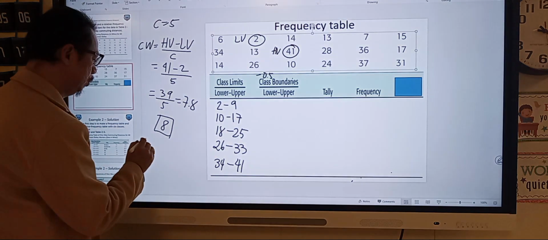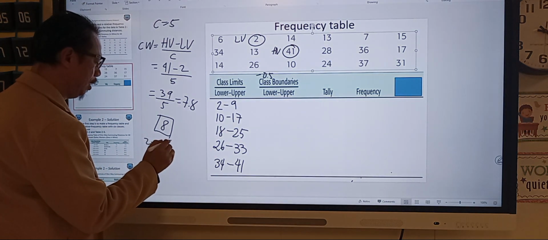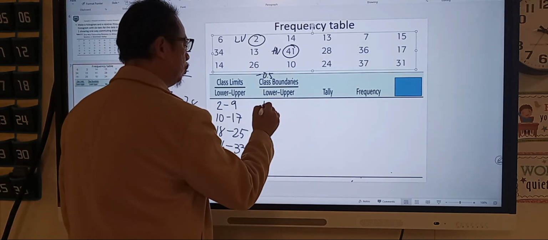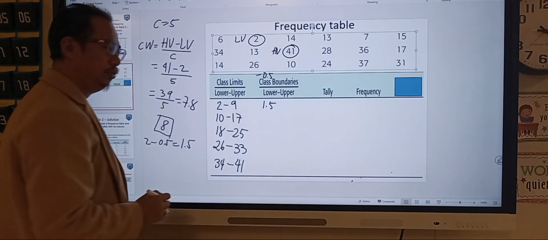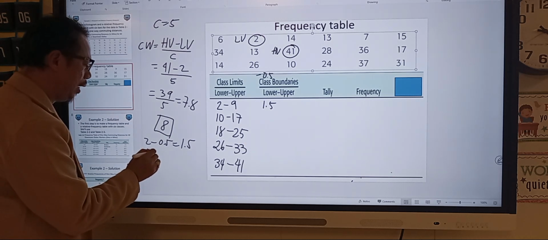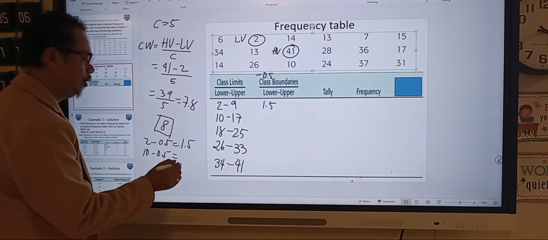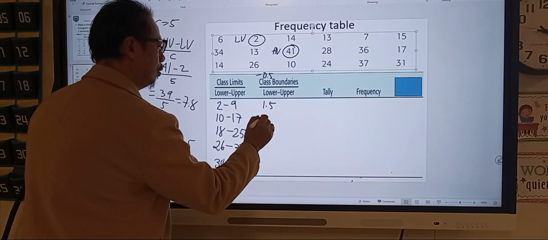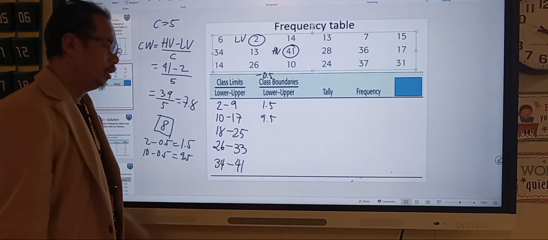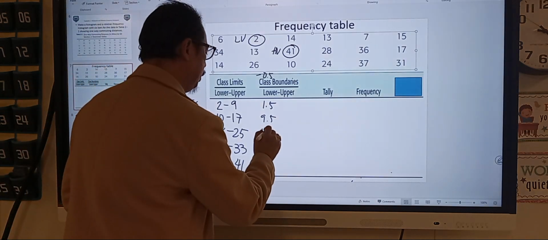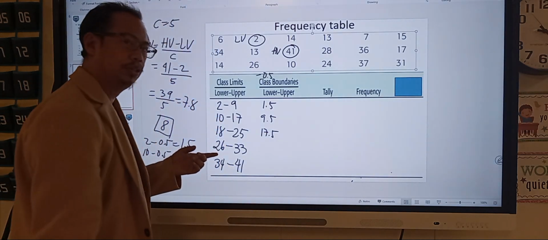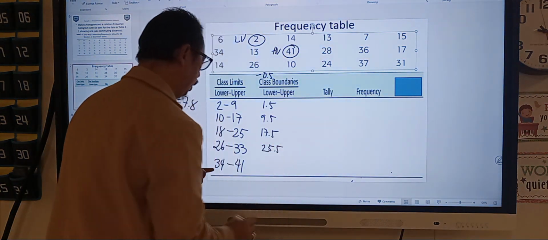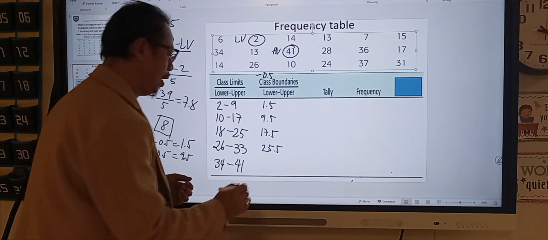So 2 minus 0.5, you got 1.5. Then on the next row, we got 10 minus 0.5, you got 9.5. And here we'll be having 17.5. The next one will be 25.5. The next is 33.5.